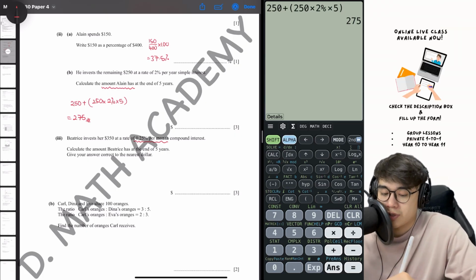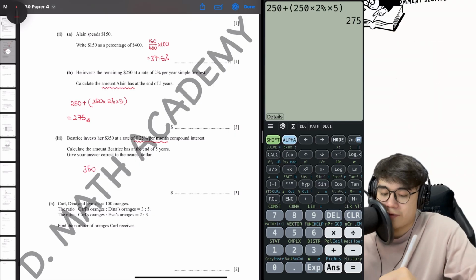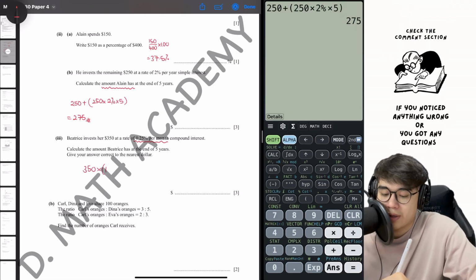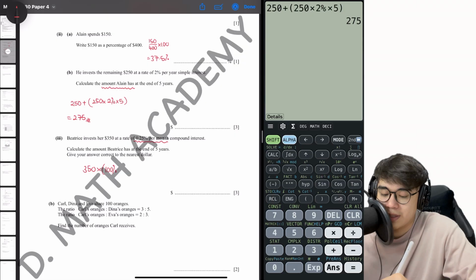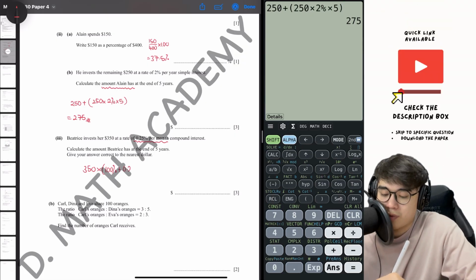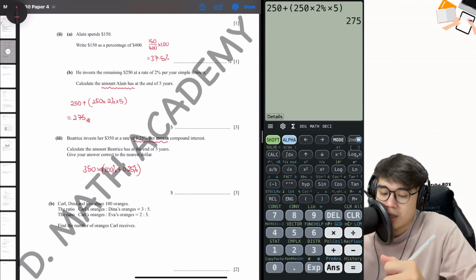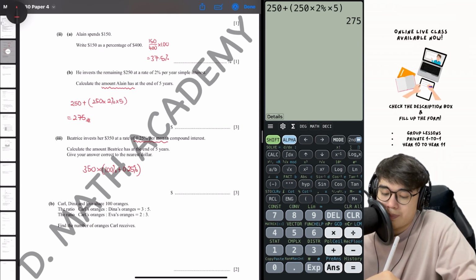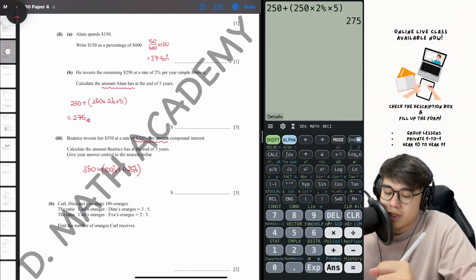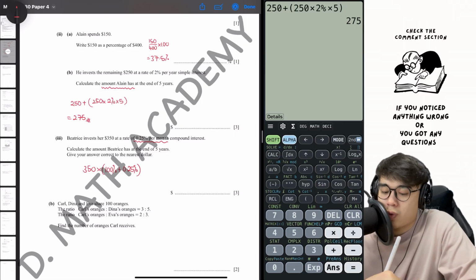So just take your 250. The formula that I use is slightly different. I find it easier to understand. You don't have to follow the exact formula that I wrote here. The main thing that you need to consider here will be 5 times 12.